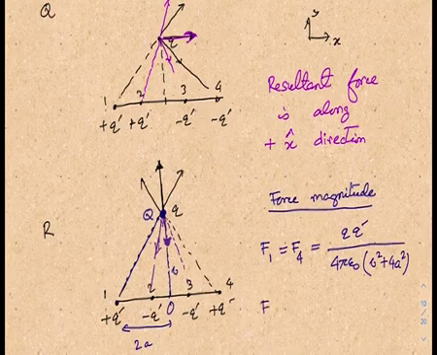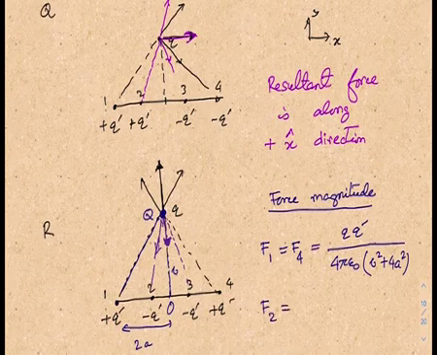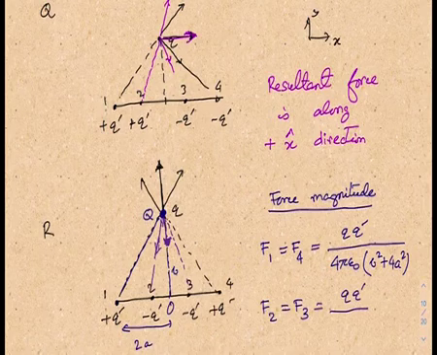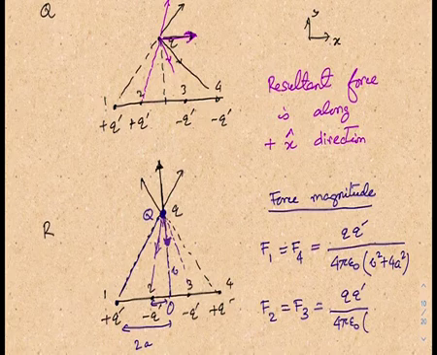And again, F2 is equal to F3. It would be q dash divided by 4 pi epsilon 0. This distance is A, so therefore it would be simply A square plus B square.